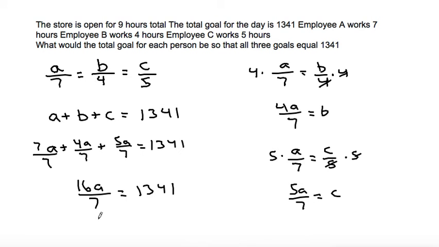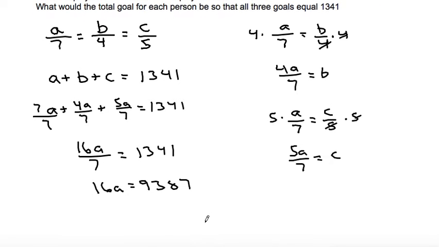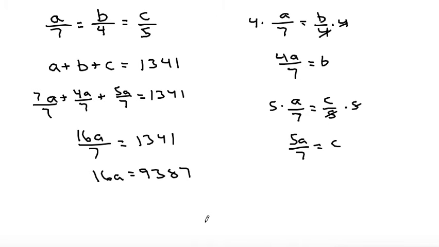So then multiplying both sides by 7 gives us 16A is equal to 9,387, and then dividing both sides by 16, rounding to the nearest whole number, A would be equal to 587.